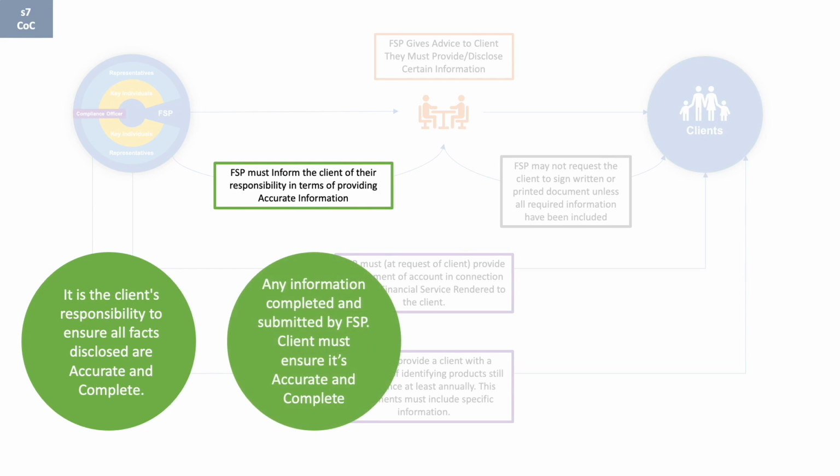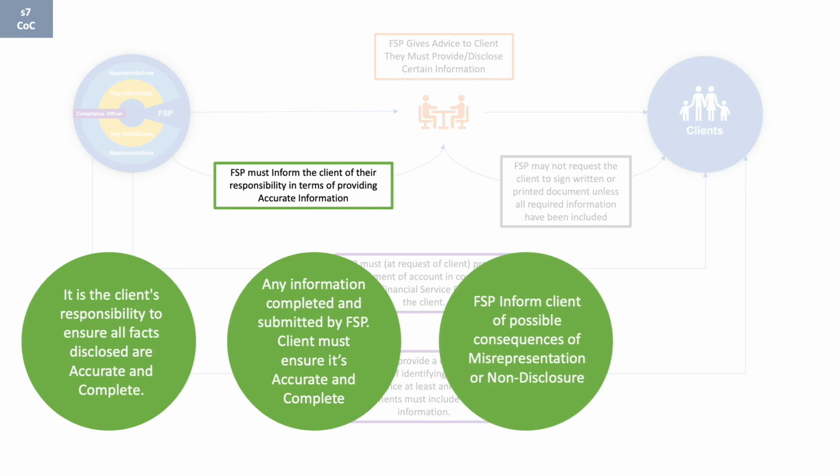Any information completed and submitted by the FSP, the client must ensure it's accurate and complete. The FSP must inform the client of possible consequences of misrepresentation or non-disclosure. Simply put, the results of giving incorrect and incomplete information.